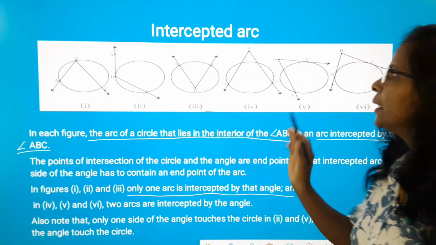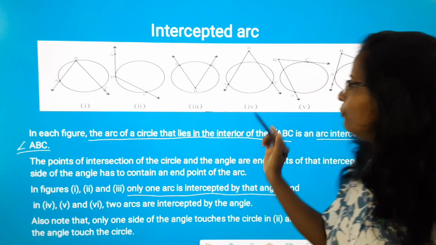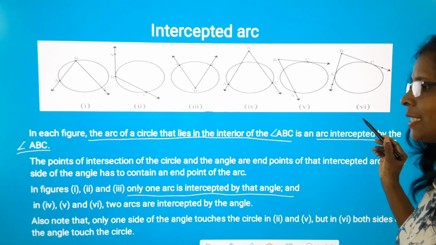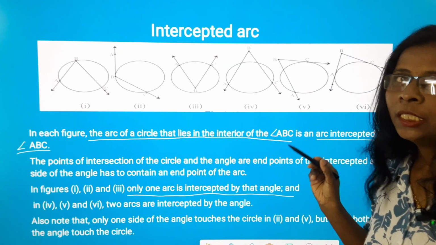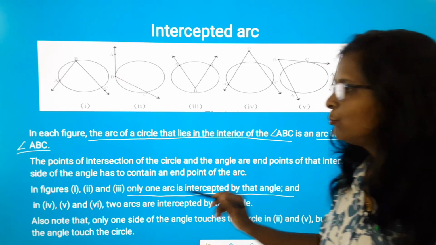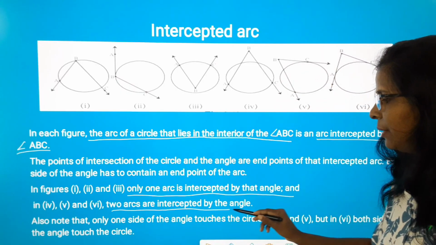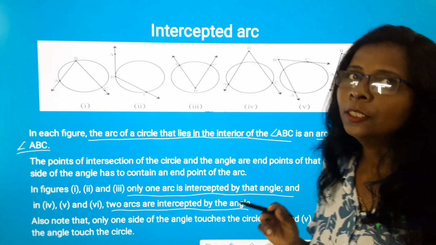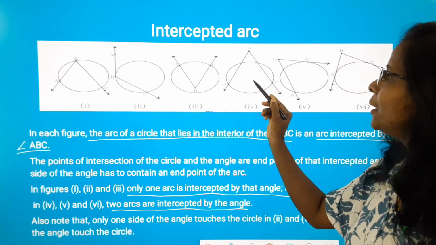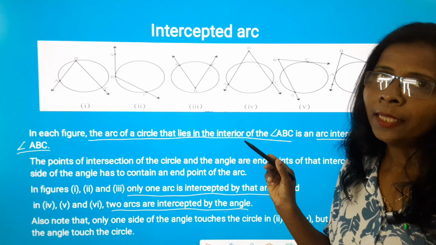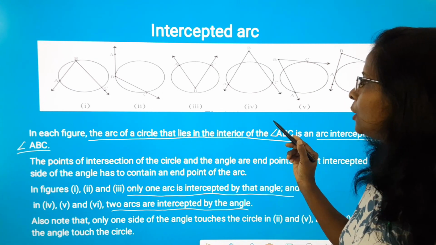But in the fourth, fifth and sixth figures, we can say that 2 arcs are intercepted by the angle. Which are these two arcs?